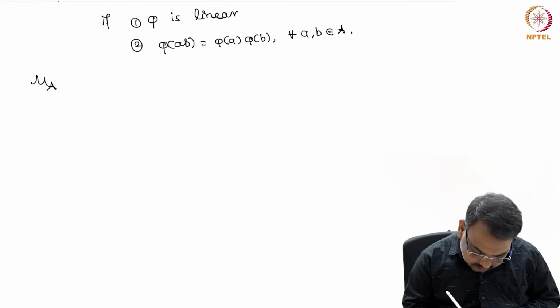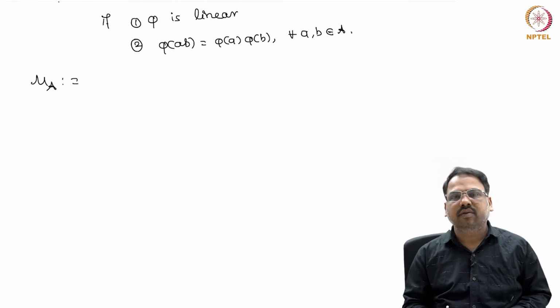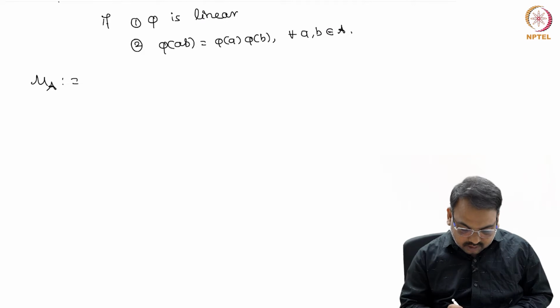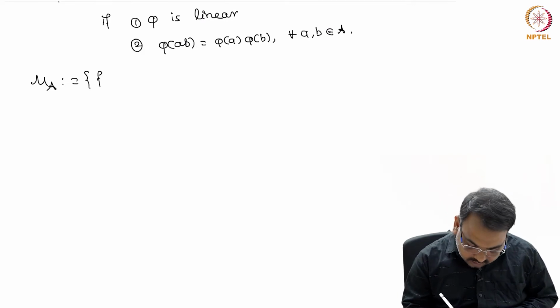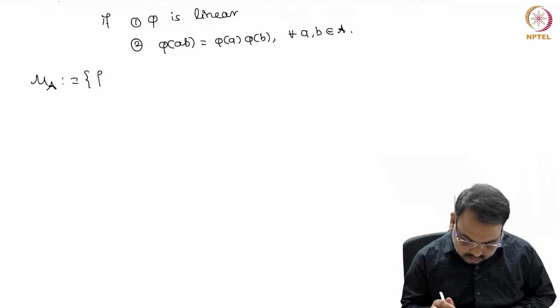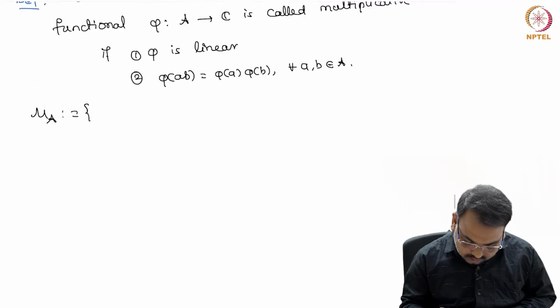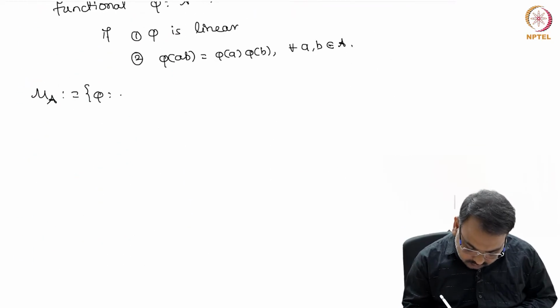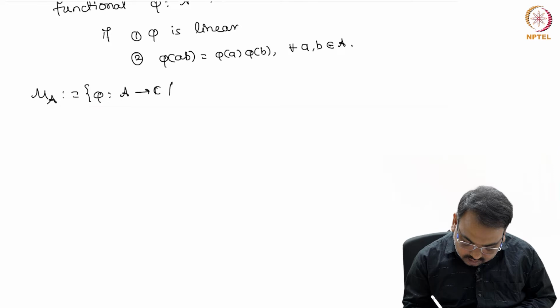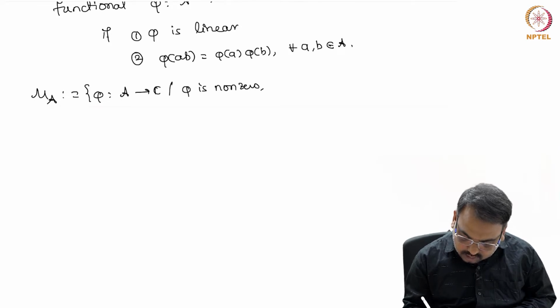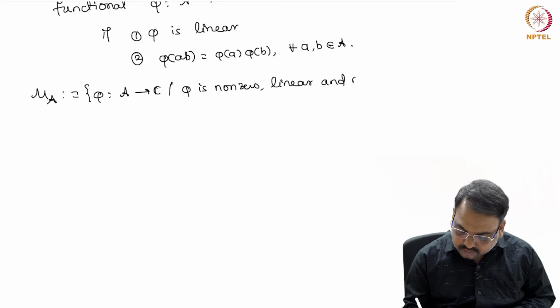So let us denote the set of all non-zero multiplicative linear functionals by MA. Set of all phi such that phi is non-zero, linear and multiplicative.